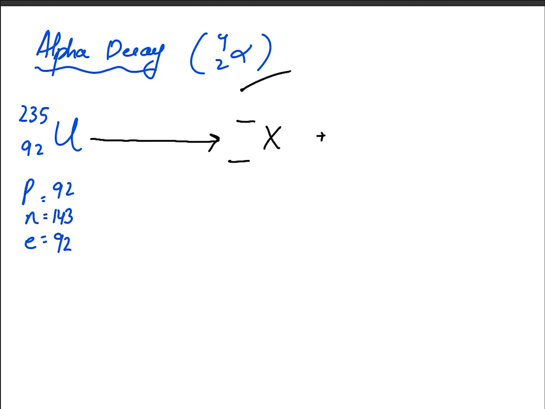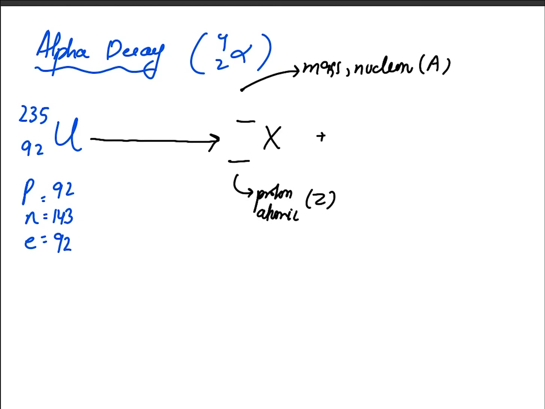By the way, the upper value is known as the nucleon number, and the lower number is known as the proton number or atomic number. The upper one is the mass number or nucleon number, and this is represented as A and this is represented as Z. Again, these are things that you must have already done in chemistry.